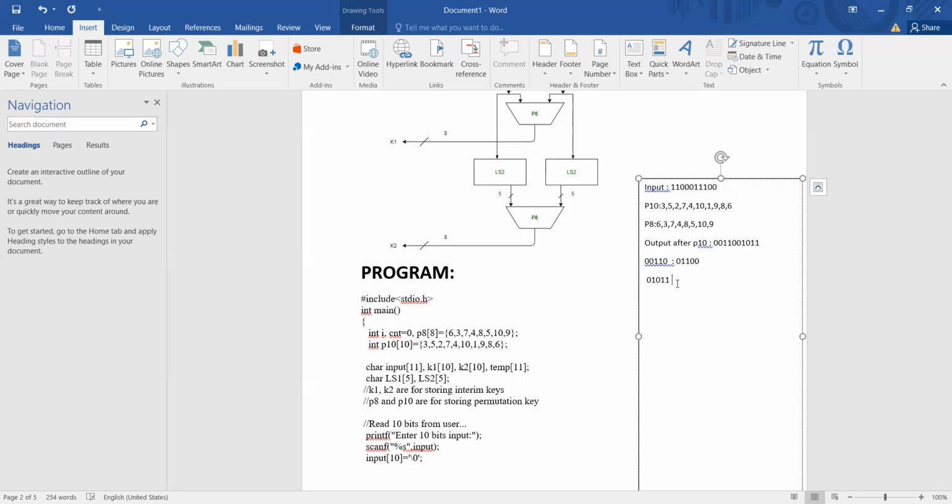And we have to do the same with the right part of the output of the P10, and then we will result with 1 0 1 1 0.